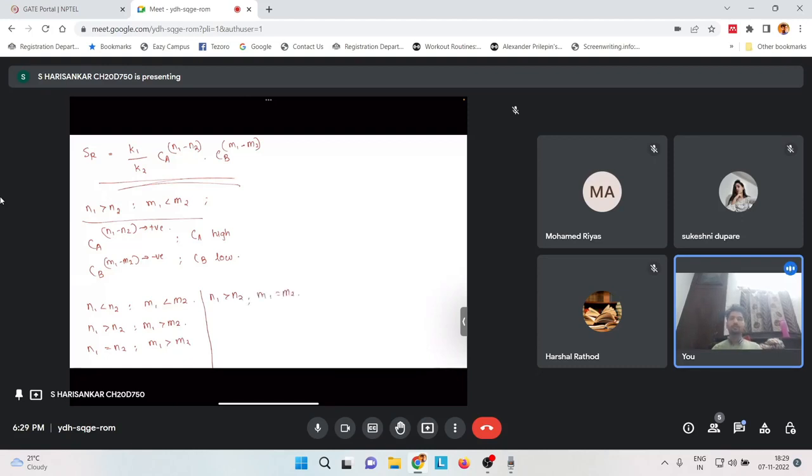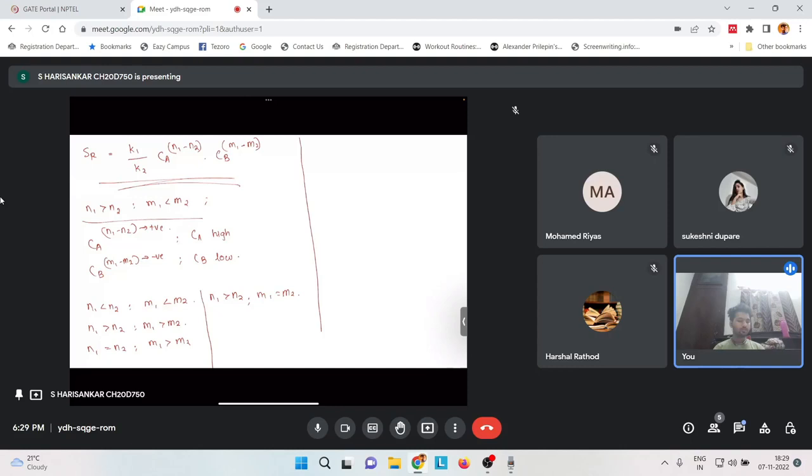So you can have a variety of cases like this, and based on the values of N1, N2, M1 and M2, you can decide whether you want to keep the concentration of this particular reactant high or low. Fine, so that is about it for parallel reactions.